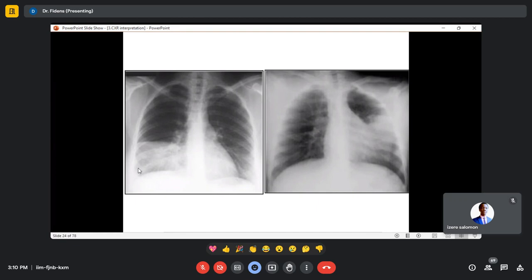Like in this image on your left, we can see an opacity at the base of the lung, and that opacity is silhouetting the right border of the heart, but it's not silhouetting the diaphragm. Can you see? By seeing this, and it has some air bronchograms, meaning it's a consolidation.